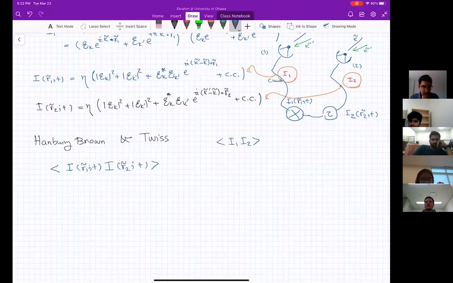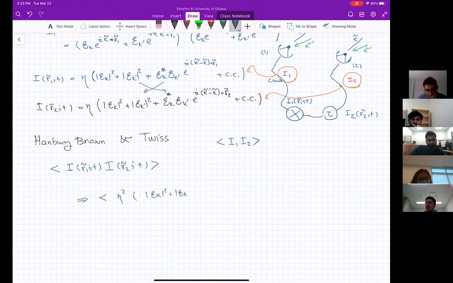Good. Now let's multiply the two together and simplify the equation. First of all, we have to do the multiplication between the two. You will get eta to the power of 2. Then I get this term multiplied by that term and this term multiplied by that term. So eta squared times the square of the sum of the modulus squared of E_K and the modulus squared of E_K prime.